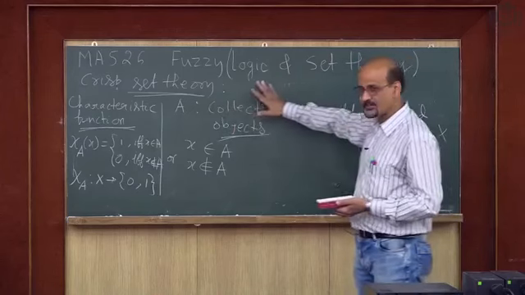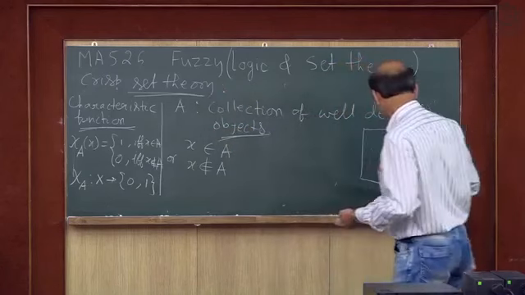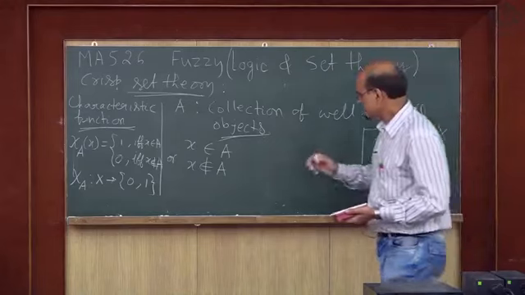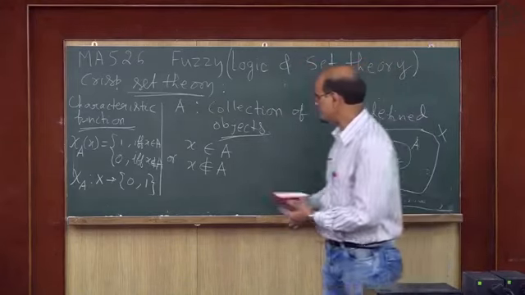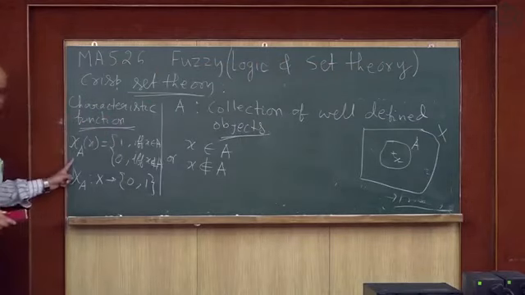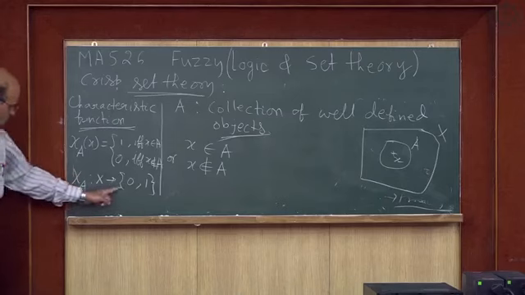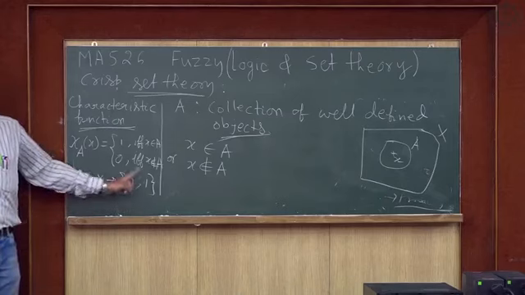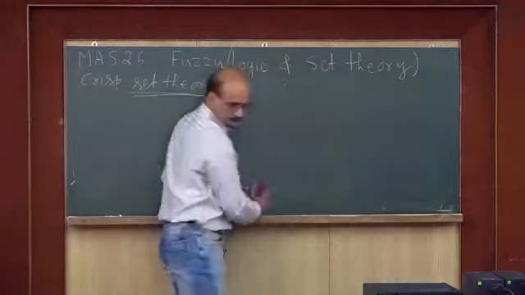Everything with fuzzy, all this research is going on. Now, a little bit more about set theory, let us see what you already know. Remember this characteristic function, chi, which is a function from X to {0, 1}.